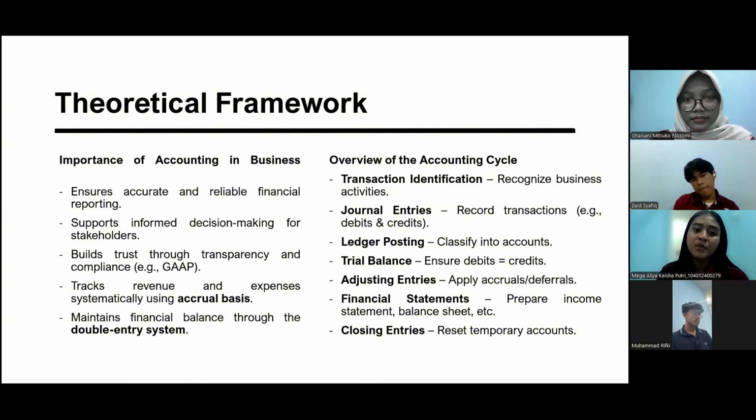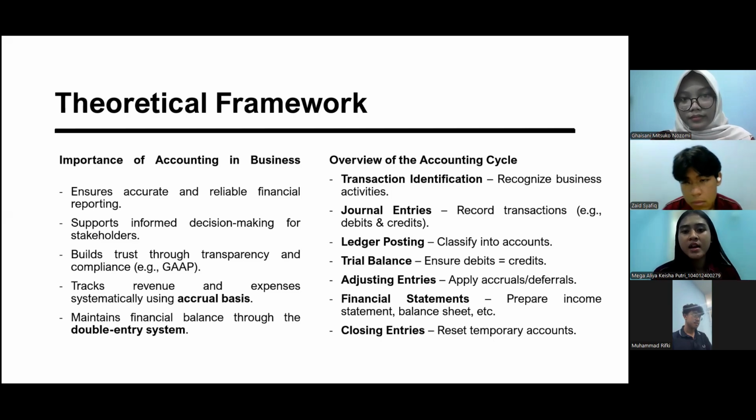The accounting process has stages called the accounting cycle. First, we identify the transaction, then record it in a journal which contains the debit and credit. After that, the data from the journal is moved to the ledger and then checked through a trial balance to make sure that total debit and credit are the same.